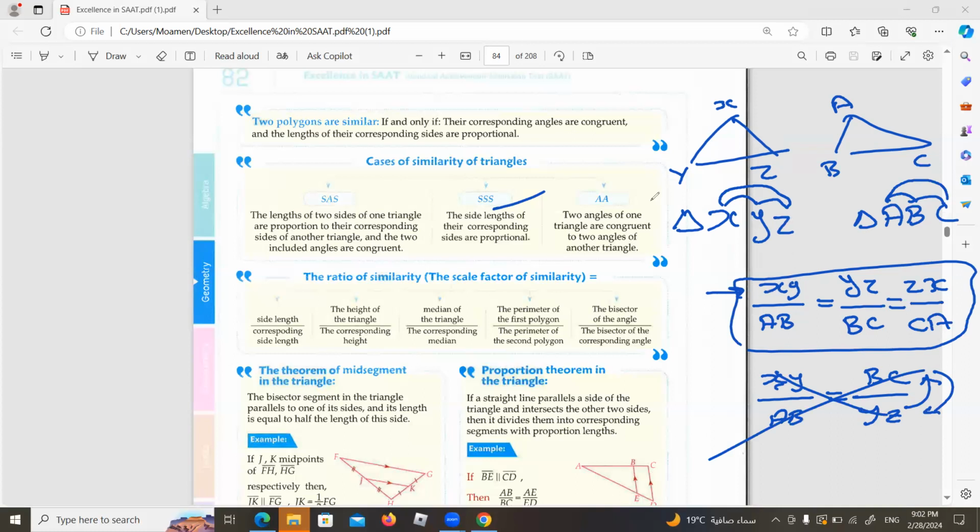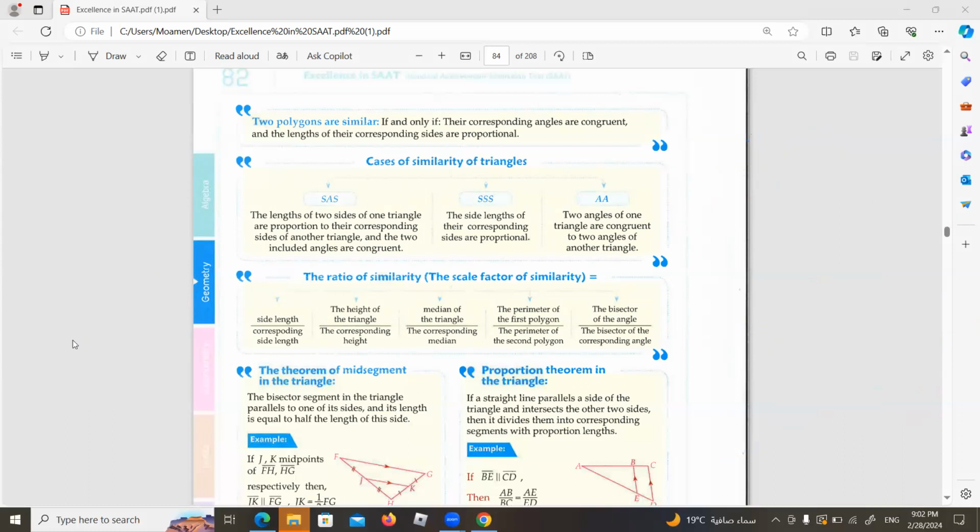You start by this is your first triangle and this is your second. If I flip, I start by the second and then the first, no problem, but complete by the same sequence. It means if I write AB over XY, it must be equal to BC over YZ. Okay, this is the second case.